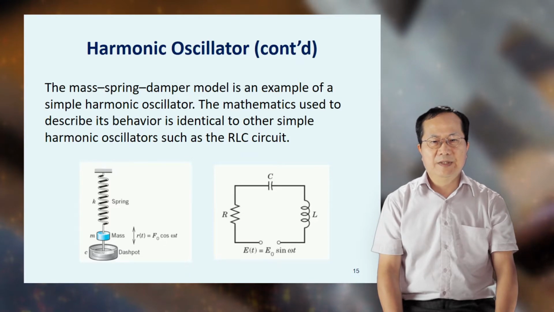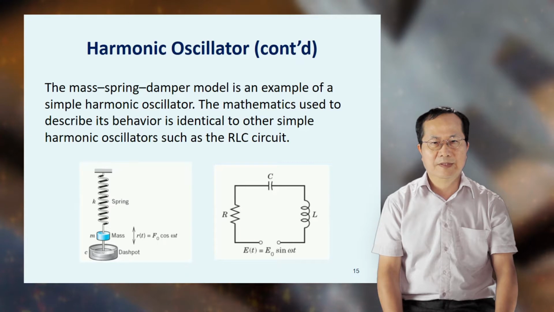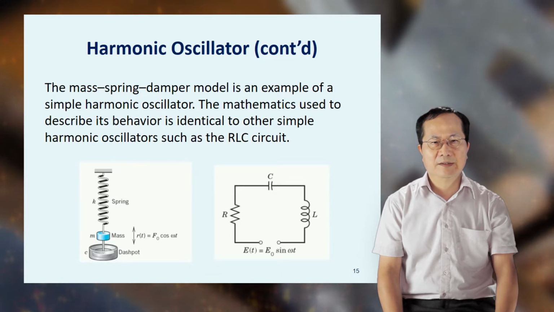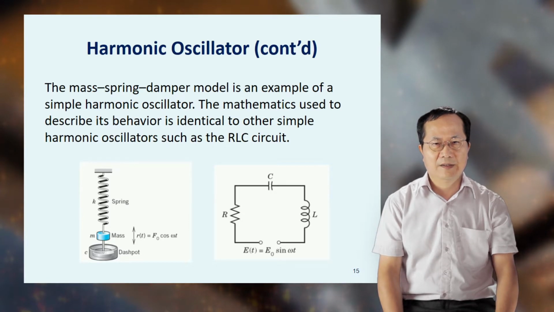The mass spring damper model is an example of a simple harmonic oscillator. The mathematics used to describe its behavior is identical to other simple harmonic oscillators, such as the RLC circuit.